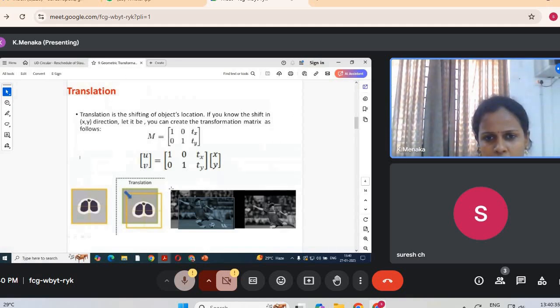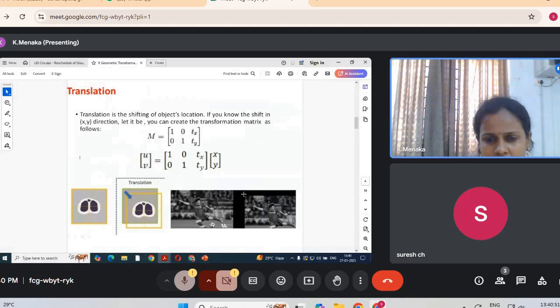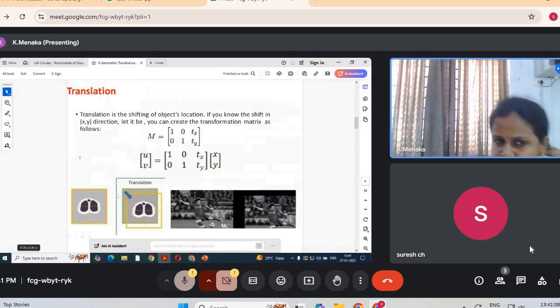Here this is the x comma y location, and with tx comma ty, this location has been transformed to this location. The transformed location is called u comma v. So from the exact location x comma y to the transformed location u comma v, both are the same information. That is called a translation, the shifting of the object's location.